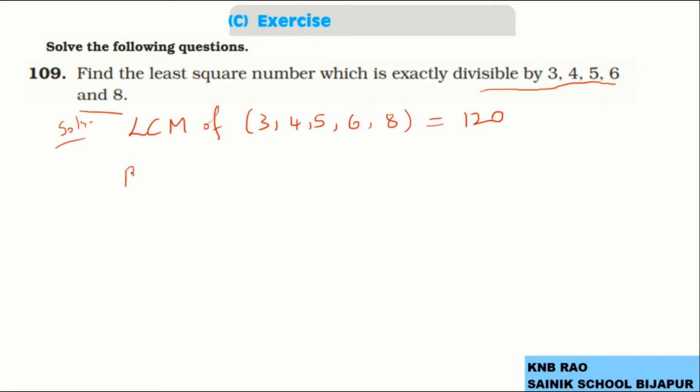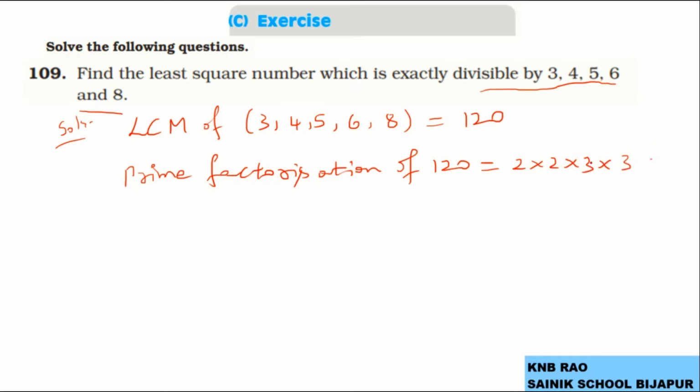But what is the prime factorization of that LCM? So the prime factorization of 120 is 2 multiplied by itself 3 times, and 3 multiplied once and 5 multiplied once.